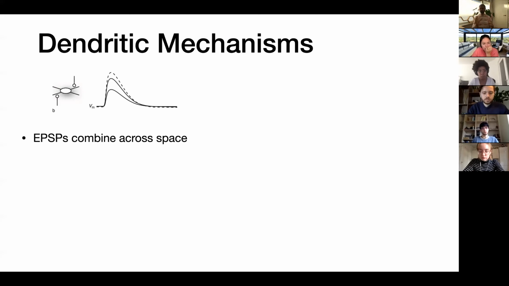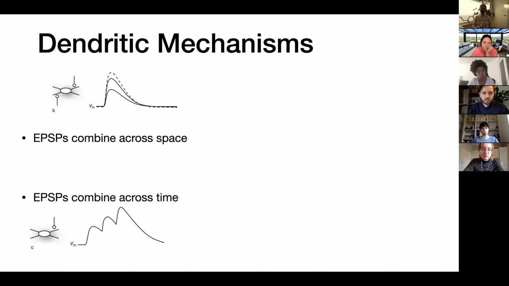Now, that's the idea. So in this processing, we see that there's this combination across space if things happen simultaneously. At the same time, these EPSPs also combine across time. This potential deflection that we see takes a prolonged period of time. So if in that same interval we get a new synaptic activation, that will create another ion channel opening, and it will create this new potential change.